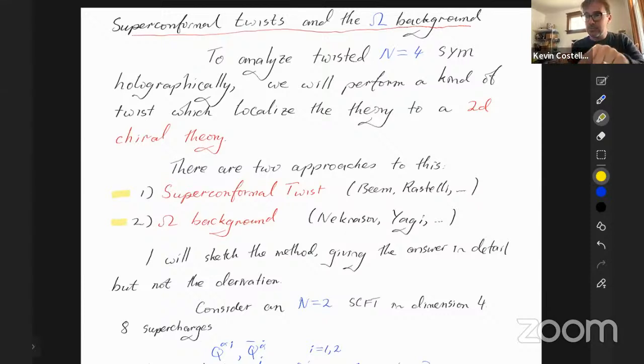This construction is a bit more technical than what I've described so far, so I'm not going to give all the details. Mostly what I want to do is explain the answer. You give me an N equals 2 theory, we will be able to figure out what the two-dimensional chiral theory is, and then we can do computations with it.